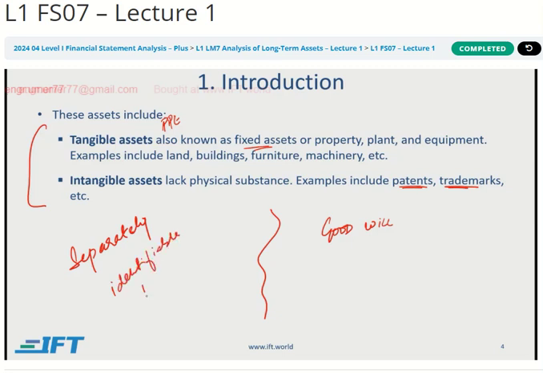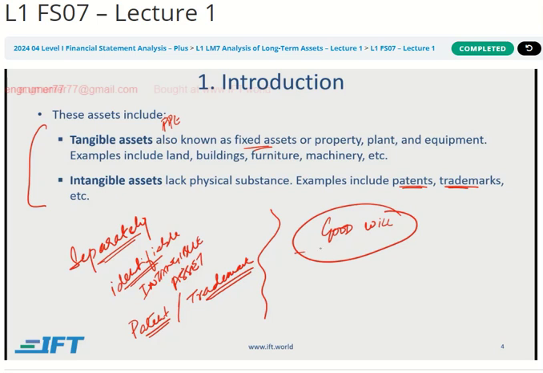So if you have a patent or a trademark which you can separately identify, that, oh, this patent is for a particular type of medicine for a certain disease, or this trademark is for a certain brand, right? Then that is something that can be separately identified, and therefore it will be specifically accounted for separately.